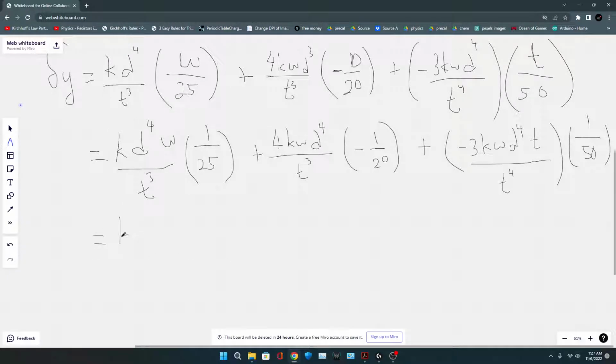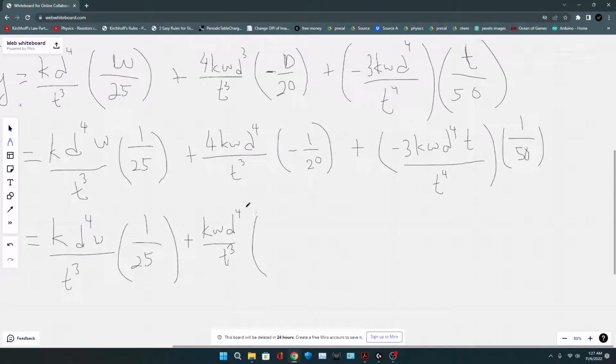Okay, so sekarang KD to the power of 4 W over T cube, okay, ni 1 over 25, okay, plus with, okay, ni ada nombor kan, nampak tak ada nombor dalam ni, nombor kat dalam ni kena bawa masuk dalam. So KWD to the power of 4 divided by T cube, so 4 bawa masuk dalam, dah akan dapat negatif 4 over 20, okay.